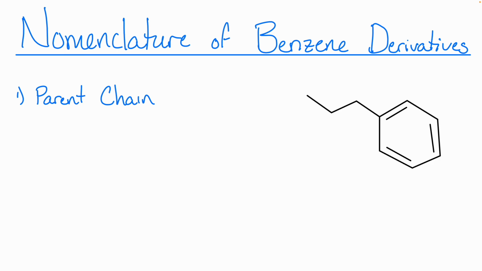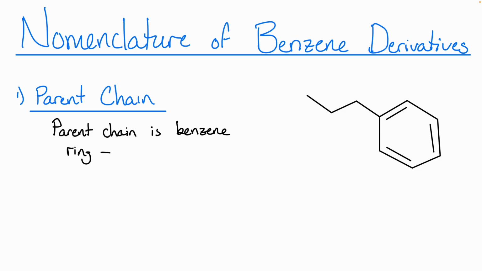Our parent chain here will simply be benzene. So our parent chain is that benzene ring, and it simply has that name, benzene. We're going to tack our substituents onto the front of that parent chain name.